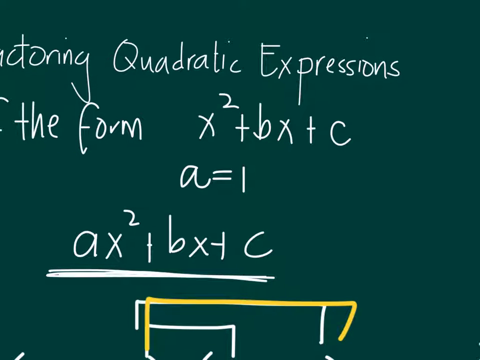We restricted it to a equals 1. There are also expressions where a is not equal to 1, but I am planning to do that in a different video, so it will not be confusing. So I think that's it for factoring. I hope you understand now how to factor quadratic expressions of the form x squared plus bx plus c.